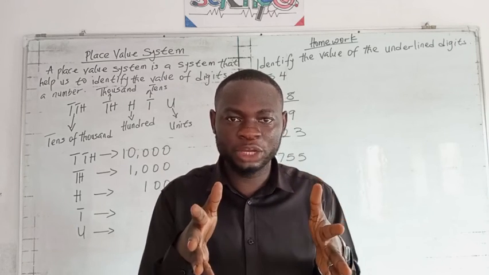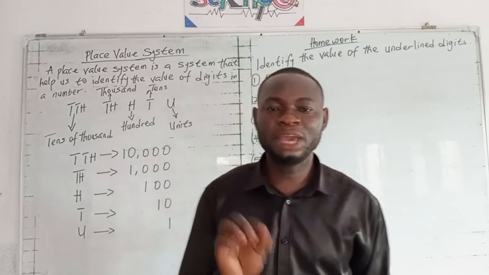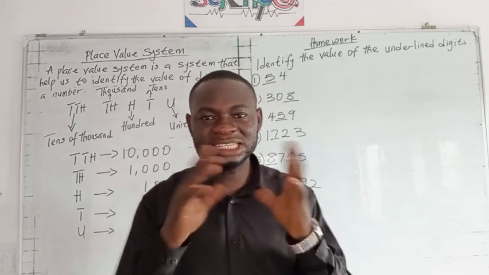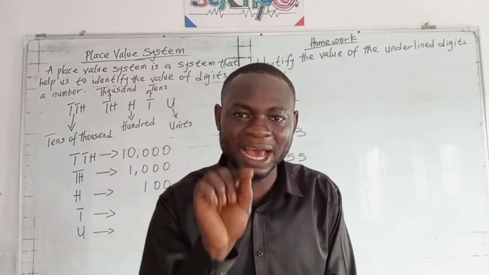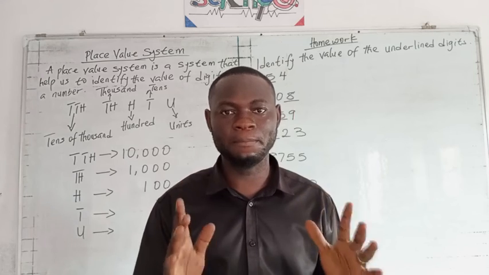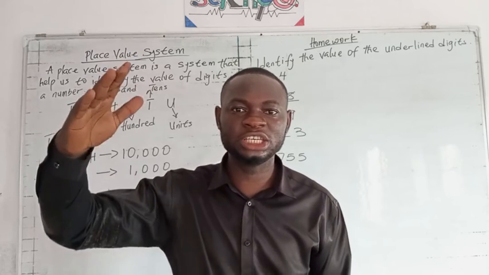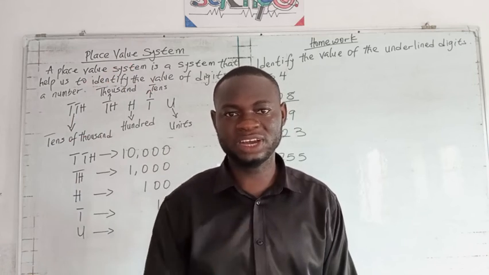Arrange the number in place value system. And remember, a place value system is a system that helps you to identify the value of a digit in a number, how big the digit is or how small the digit is. That is the function of the place value system.